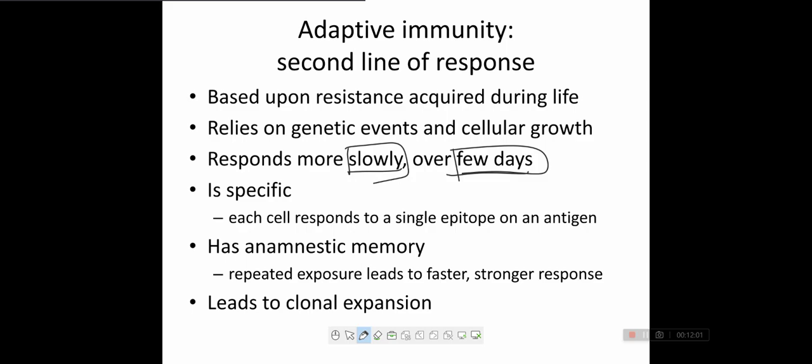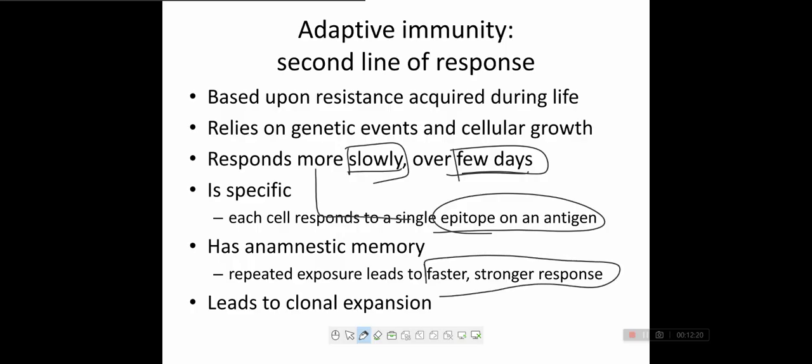It is specific. Each cell responds to a single epitope on an antigen. It has anamnestic memory. Repeated exposure leads to a faster and stronger response.